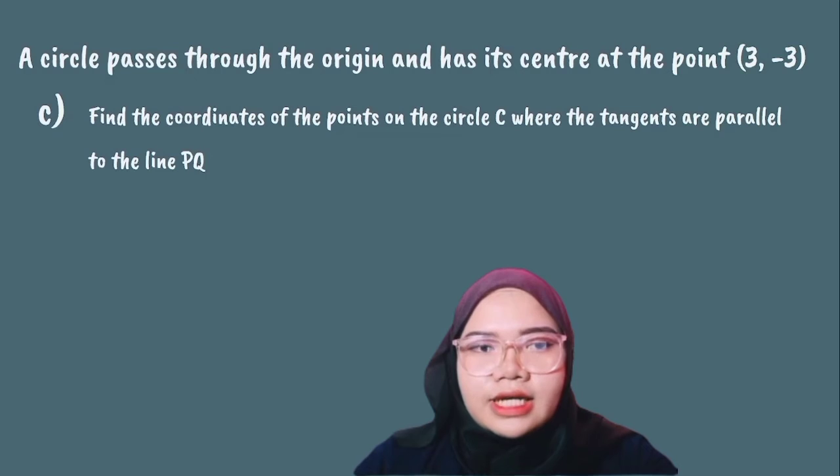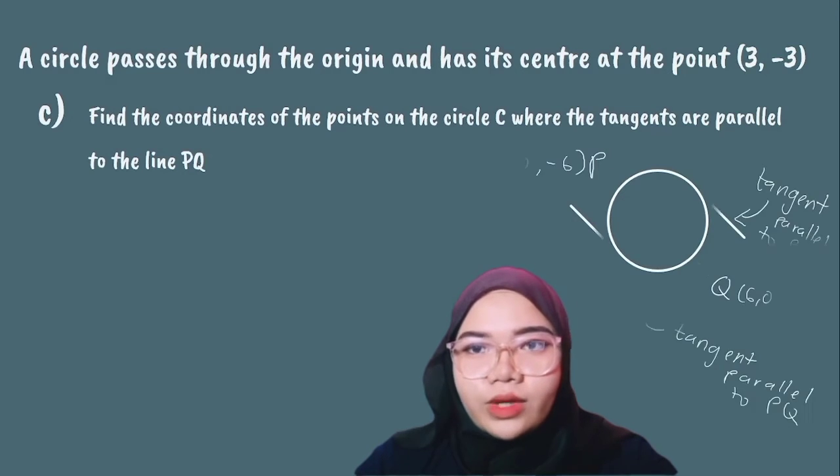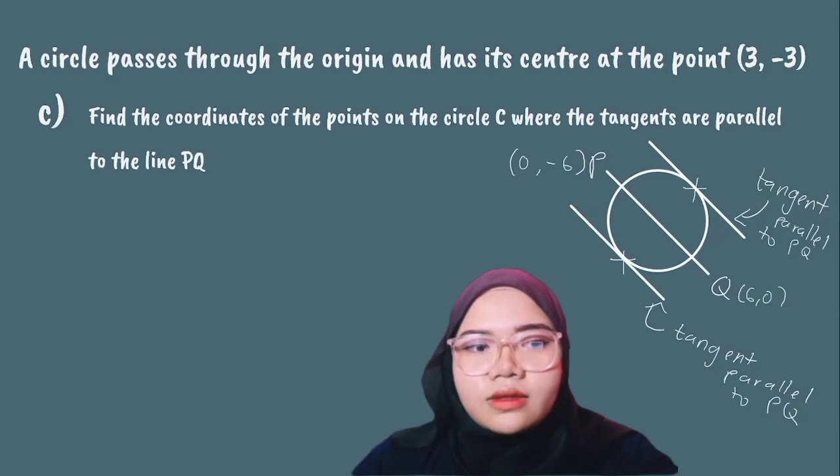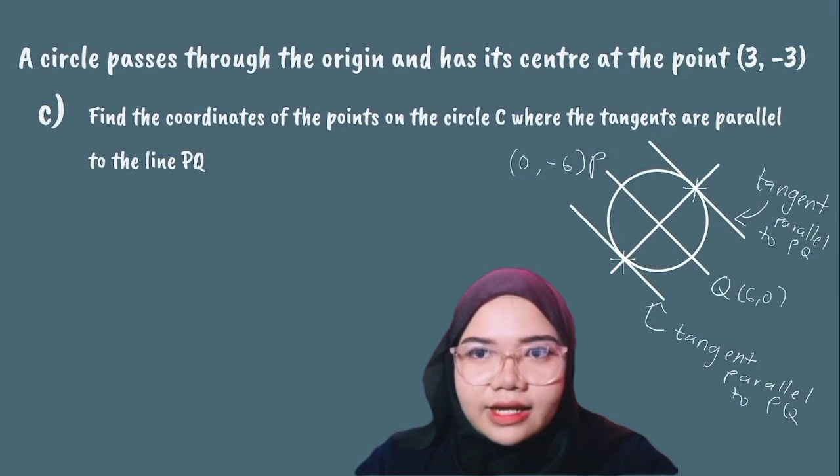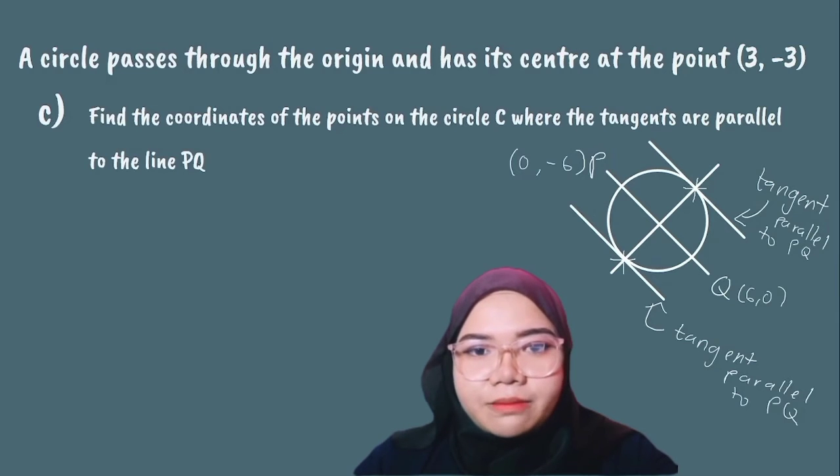The question asks to find the tangents that are parallel to the line PQ, and we have two tangents that are parallel to line PQ. Each tangent touches the circle at one point, and that is here and here. To make it easier, we make a line that connects those two points and look for the gradient of the line. These lines are perpendicular to line PQ.